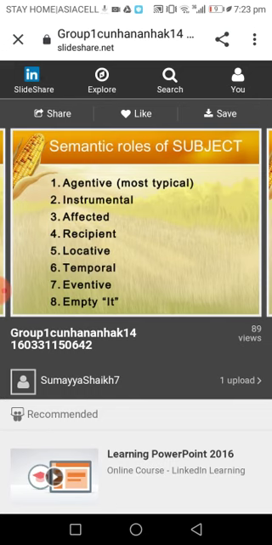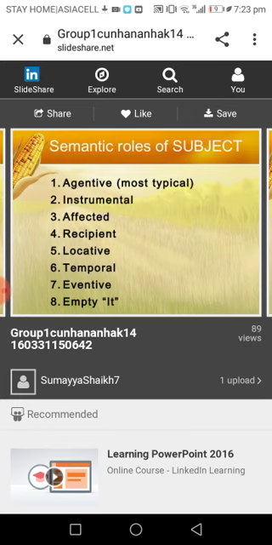For example, we have here agentive or agent that refers to the subject, or instrumental, affected, recipient, locative, temporal, eventive, empty, source, goal, and we have other roles we're going to discuss.